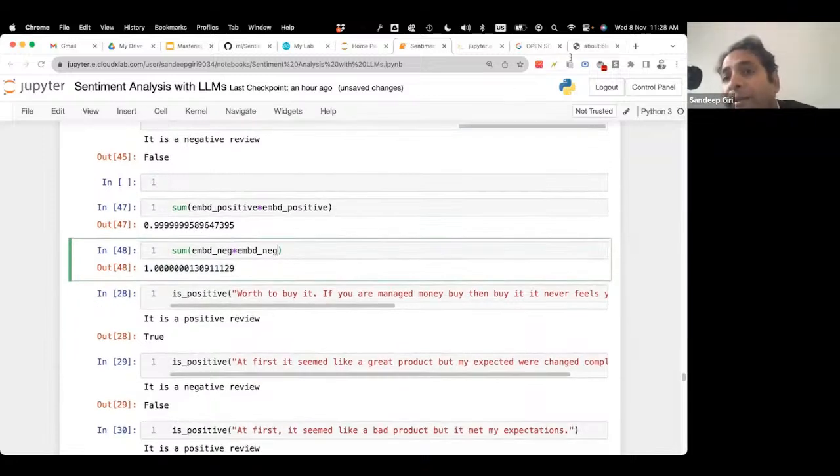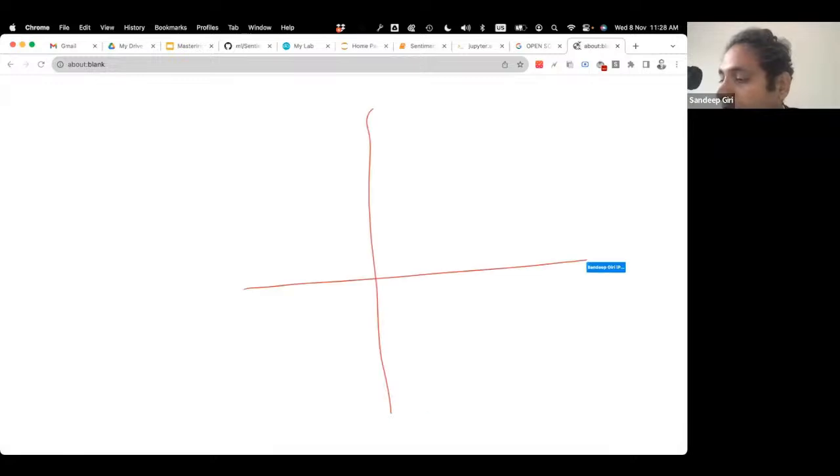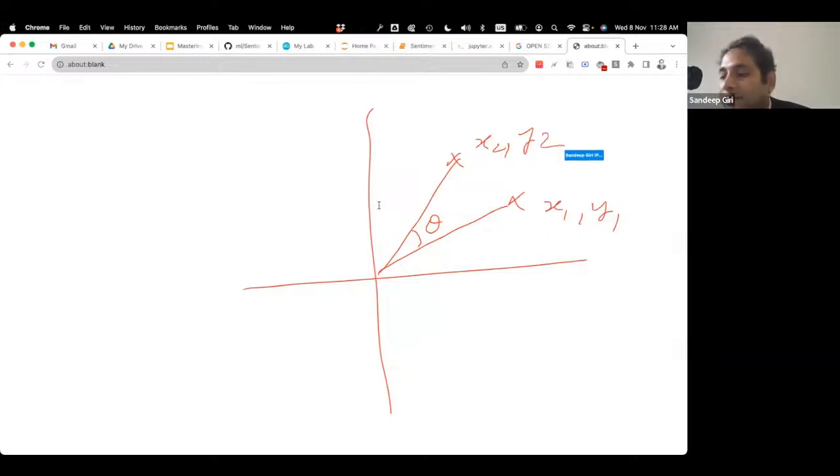How do you find the angle between them? Anybody? How do you find the angle between two points? This angle, this is x1, y1, x2, y2. So these embeddings lie on a sphere of 1529 dimensions.